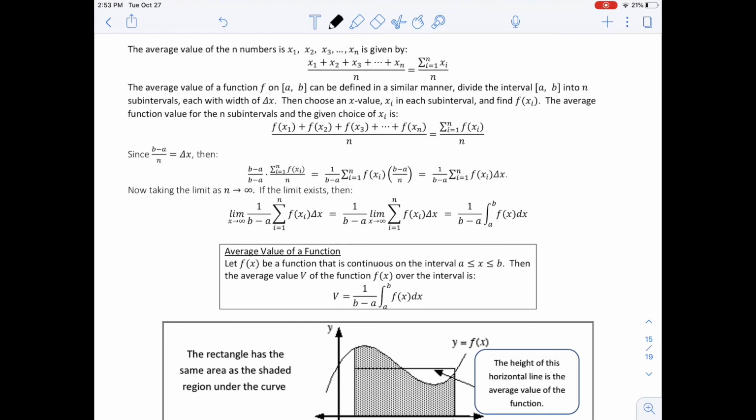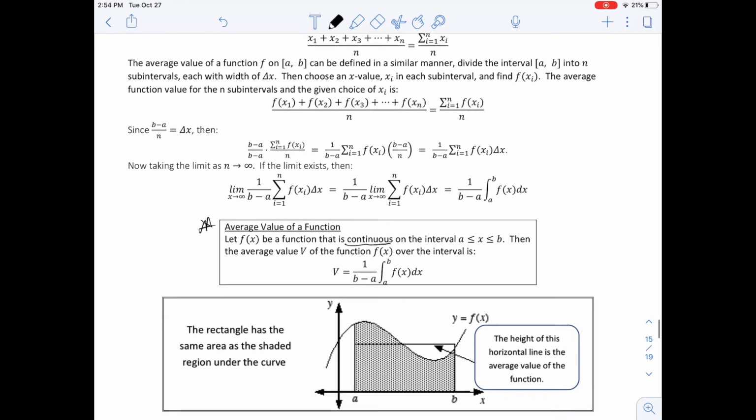now taking the limit, and we arrive at a function which is defined by our average value of a function. Let f of x be a function that is continuous. So this only works if it's continuous on the interval a to b. Then the average value v of the function f of x over the interval is defined by 1 over b minus a, the integral from a to b f of x dx.